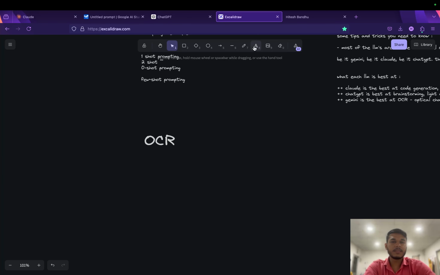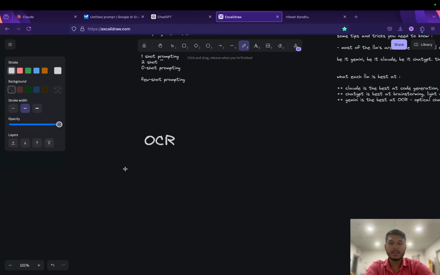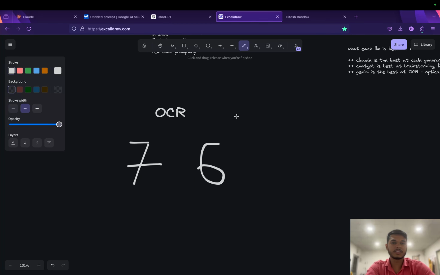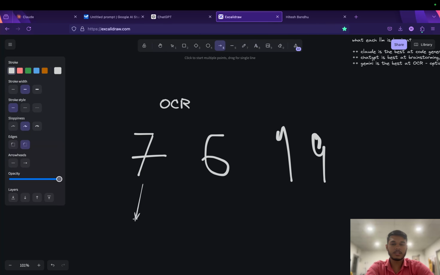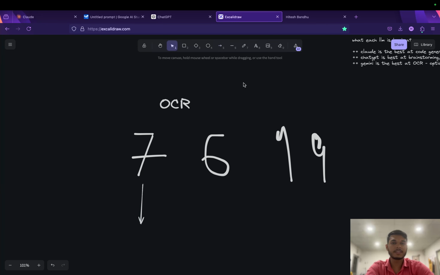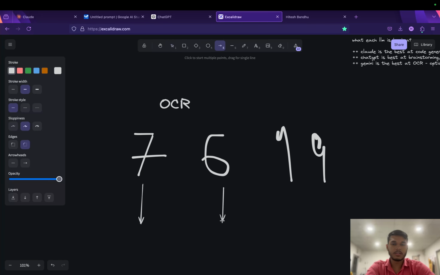Let's say I draw a seven. You know it is a seven. Let's say I write this six, and then I write another. If I give this image to an LLM or a model that supports OCR, it will give you whatever is written in the image.